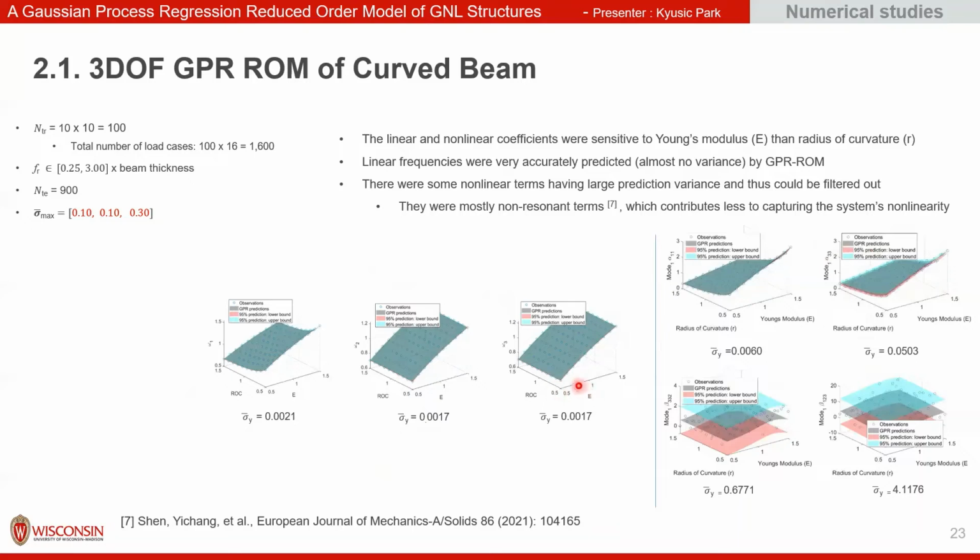The linear frequencies were very accurately predicted with almost no variance, while some of the nonlinear terms had large prediction variance, especially for most of the non-resonant terms, and this aligns with the fact that the non-resonant terms contribute less to capturing the nonlinearity of the system.